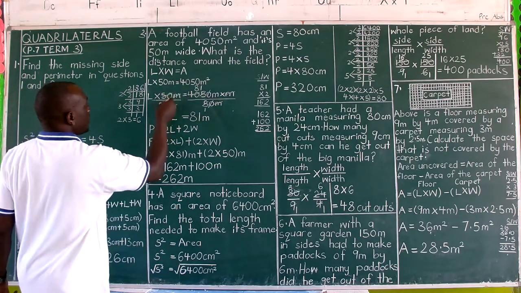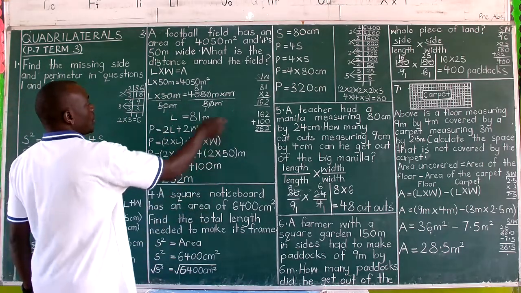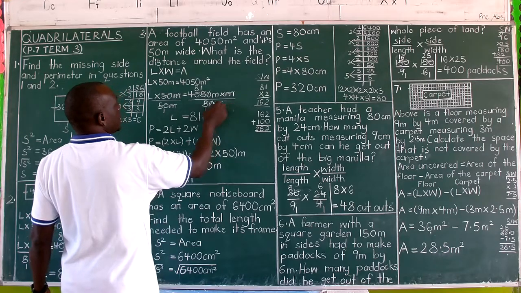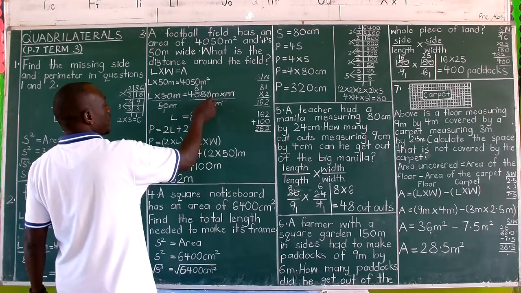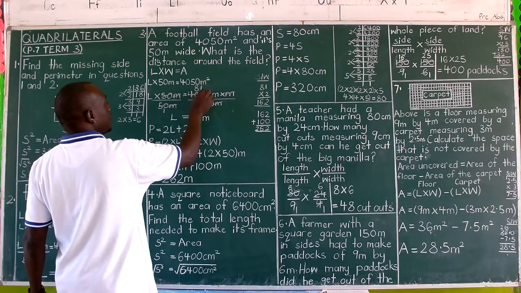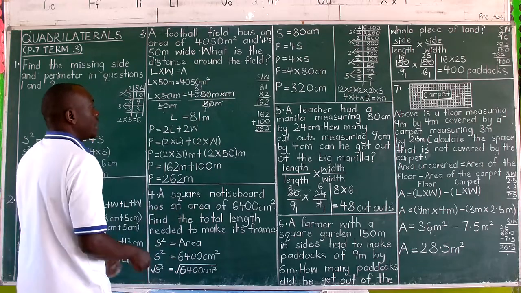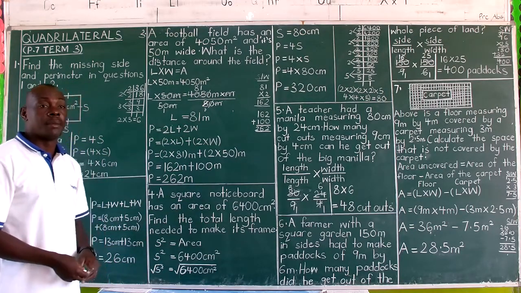So by 50 ones, by 50 you get L, and then cancel meters, then by 10, remaining with 405 divided by 5. 5 divided by 5 once, 4 divided by 5 is 8, 5 divided by 5 is 1. So that L or length equals 81 meters.